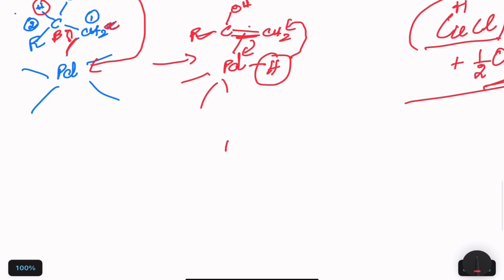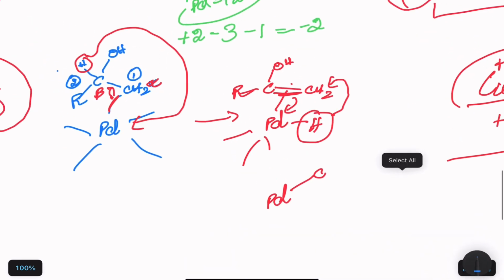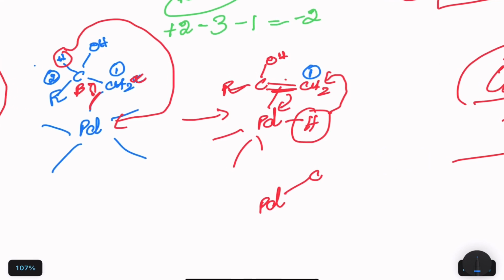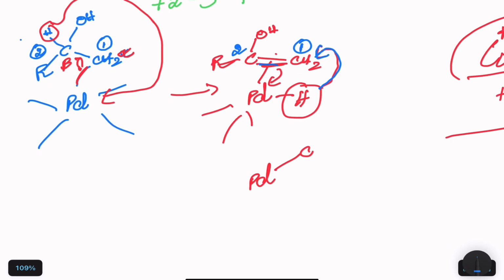Okay, so what will happen? Palladium, and then here CH. See, here you have to write this step very carefully. So this is carbon 1 and this is carbon number 2. Now our hydrogen is attacking carbon 1, and these electrons along with this second carbon will attack where?